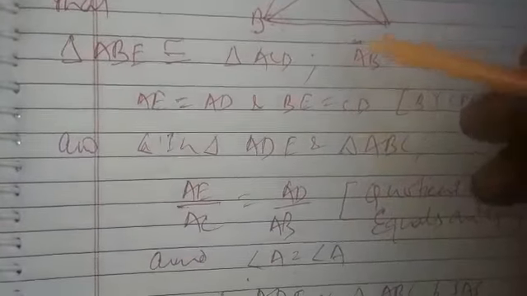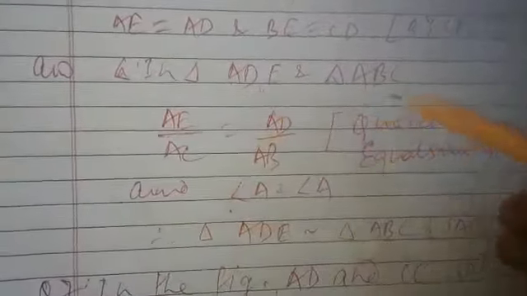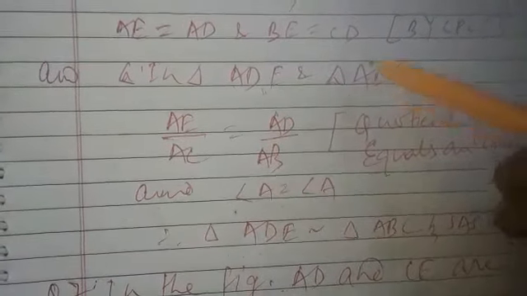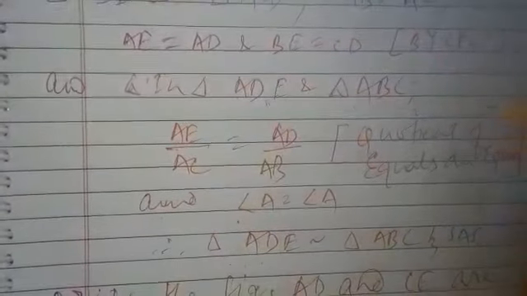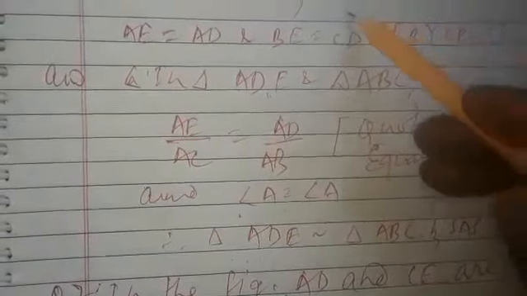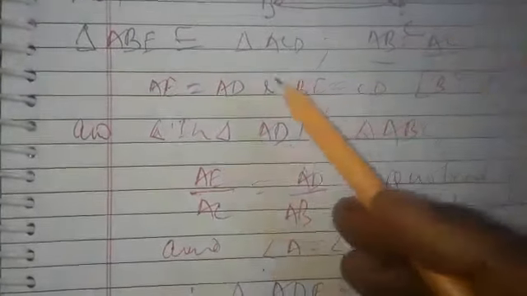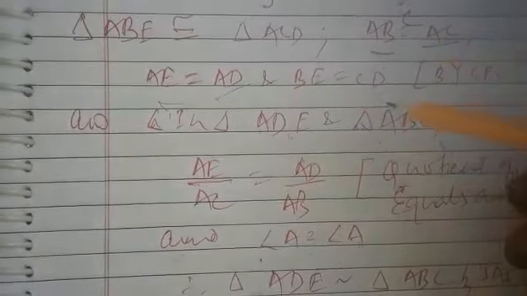Now we see that in triangle ADE and triangle ABC, the ratio of equals are equal, or you can say that the quotient of equals are equal. Since AB was equal to AC and AE was equal to AD, we have taken the ratio of AE and AC, and AD and AB.